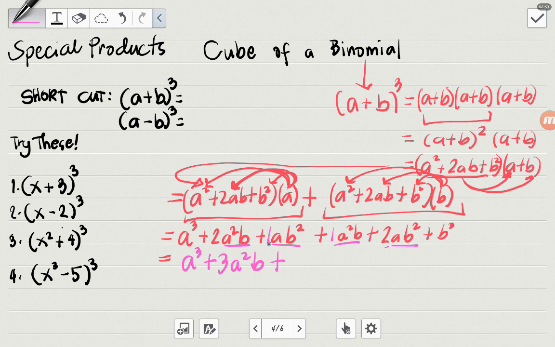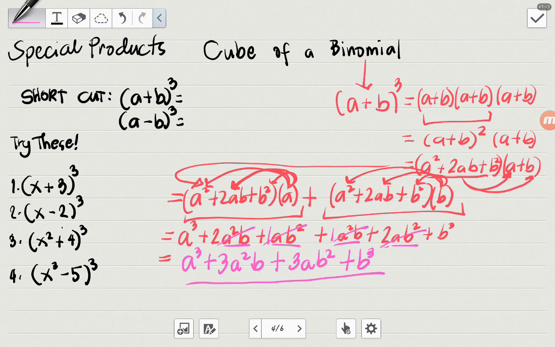So, that's 1ab square plus 2ab square. You'll have 3ab square. So we already combine these two terms, and then all we have is b cubed. So just copy b cubed. So this is our pattern.